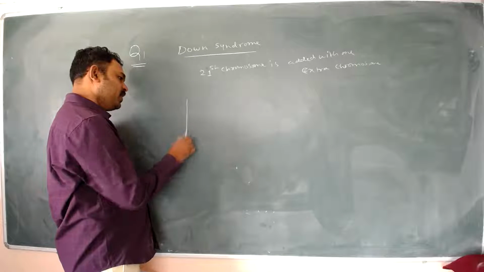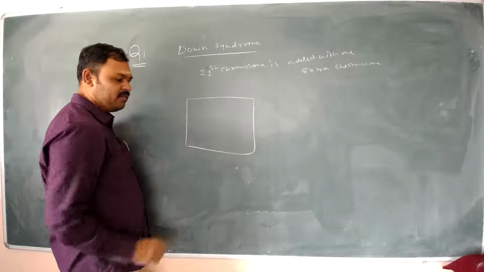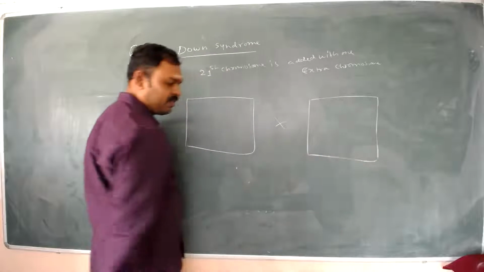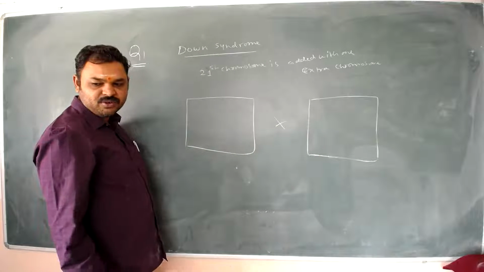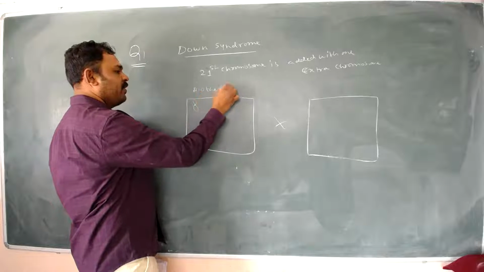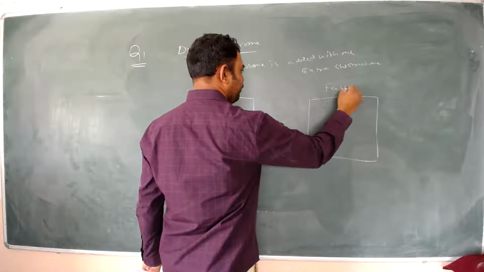This is the mother. The father is there. How many chromosomes are there? 23 pairs. Here it is a mother, here is a father.